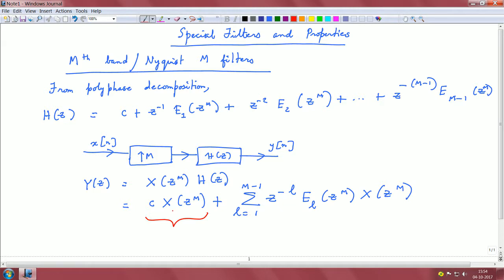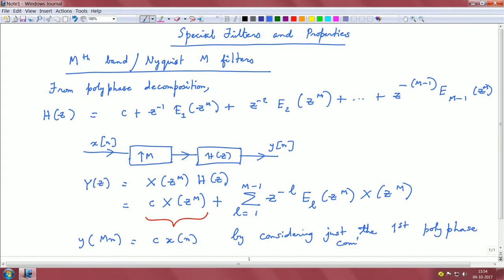So, the relationship between this component and y would be y of Mn is c times x of n, by considering just the first polyphase component.